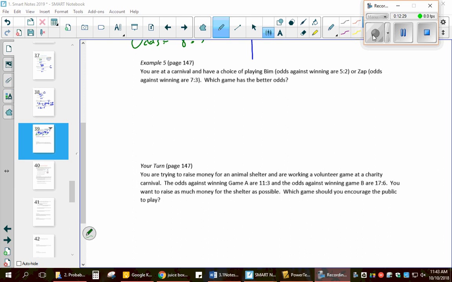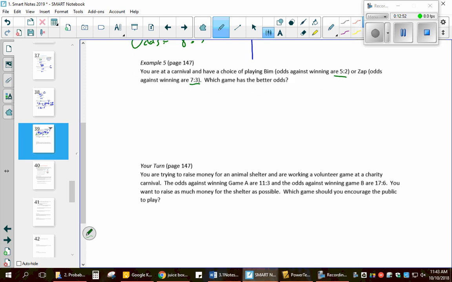All right, so you were at a carnival and had a choice of playing BIM, where the odds against winning are 5 to 2, and Zap, where the odds against winning are 7 to 3. Which game has the better odds? So what I'm going to do right off the bat here, because they told me odds against winning for both of them, is do it the other way around.